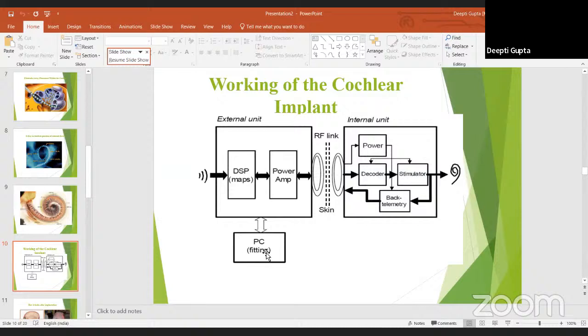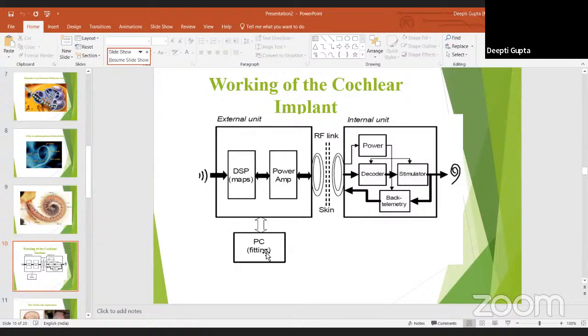Maybe there are no nearby auditory nerves. Suppose if the auditory nerve is not working properly, the mapping is not proper. So in that case, we have to see how many electrodes can be mapped properly, so that it will give proper sound to the user. So in that case, mapping is different.